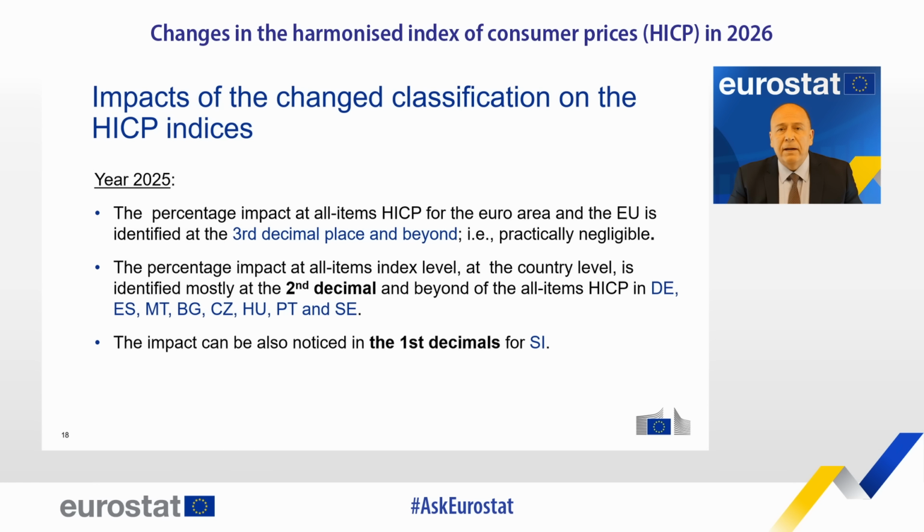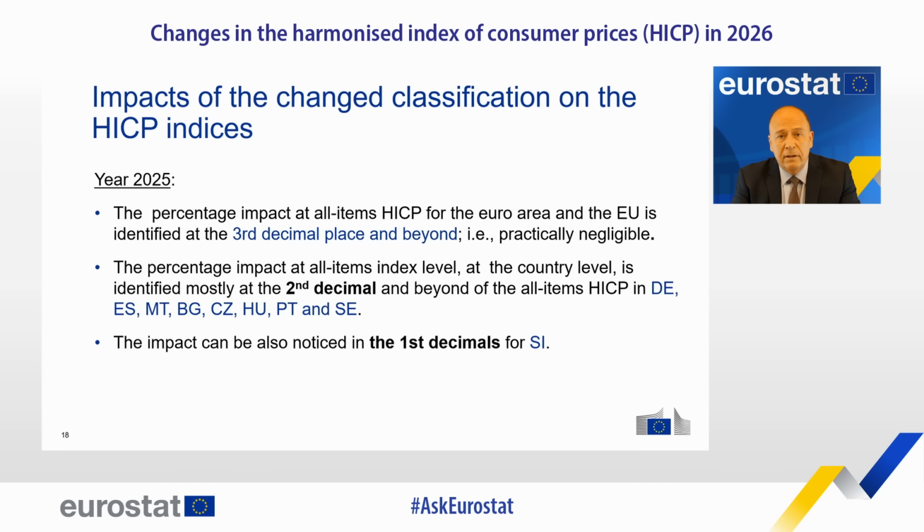Discussing now the impacts of the change in classification of the HICP, we start with the reference year 2025, which is the most important period, and we can say that these are practically negligible at the level of all items HICP for the euro area and the EU.